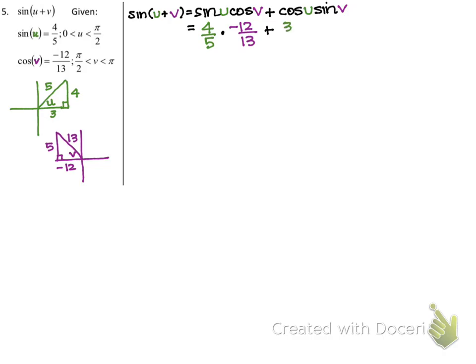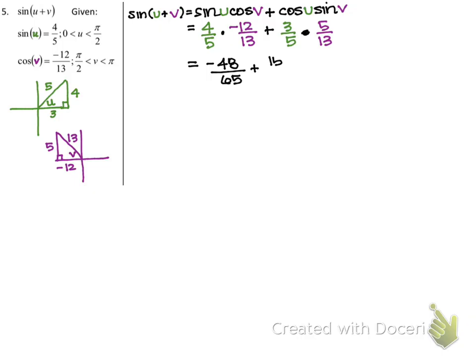Cosine in the green is 3/5 times sine in the purple. Well, sine in the purple is 5/13. Don't simplify. Just multiply. You want the denominators to match so that we can put them together. So if I multiply the top, this is negative 48. Multiply the bottom, that's 65.